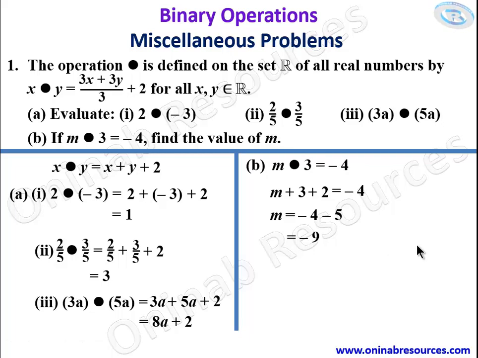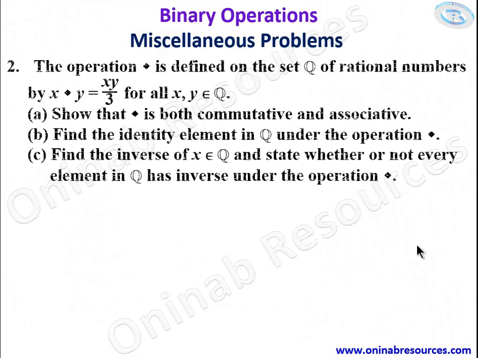We then go to problem 2. For problem 2, the operation diamond is defined on the set Q of rational numbers by x operation y is equal to xy over 3 for all x, y in Q. A. Show that the operation diamond is both commutative and associative.